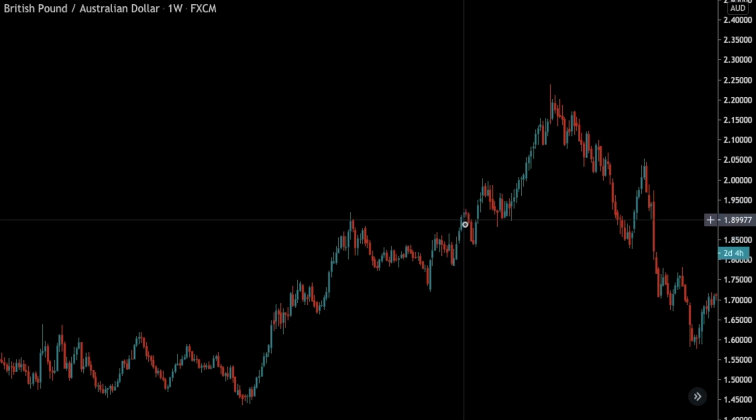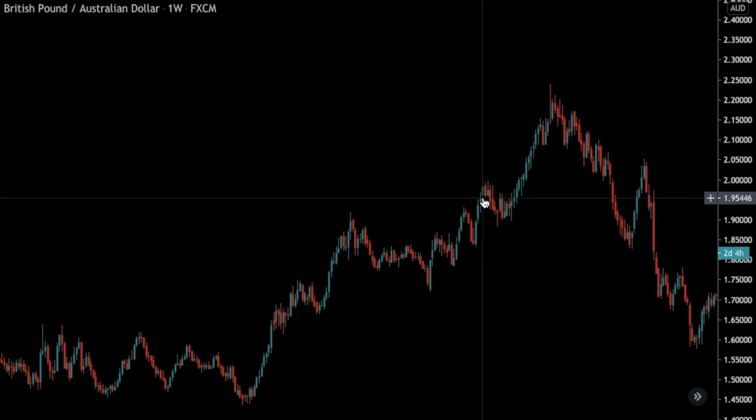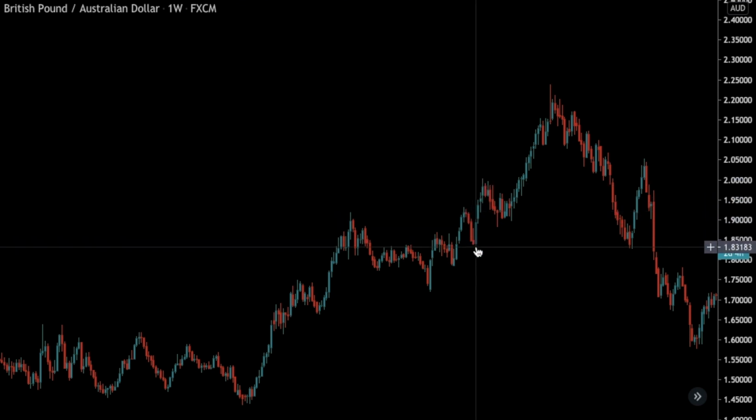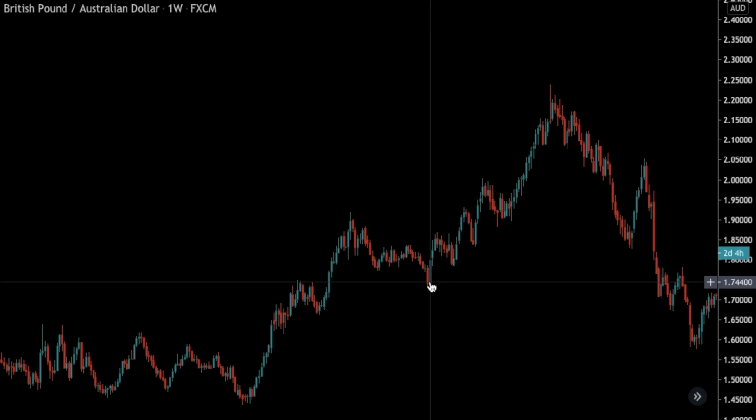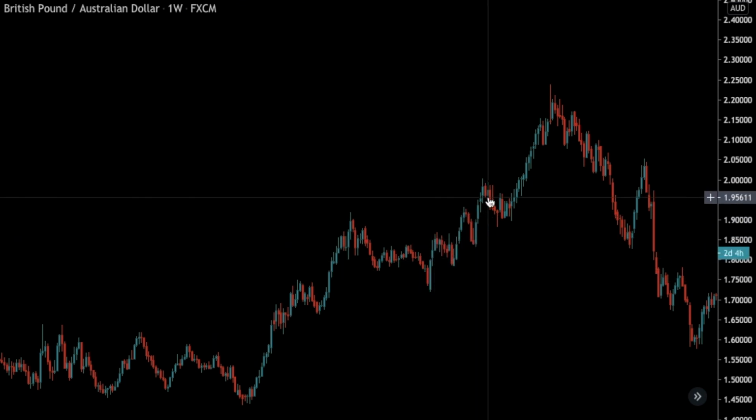A run is a straight shot within the trend. So pullback, run, pullback. The pullbacks are counter trend and the runs are with the trend. So pullback, run, run, pullback, run, pullback, run.